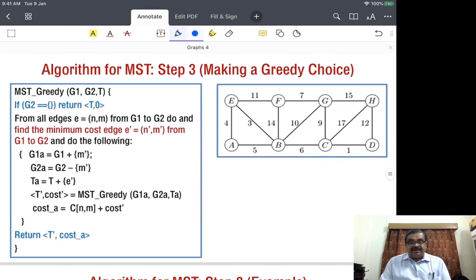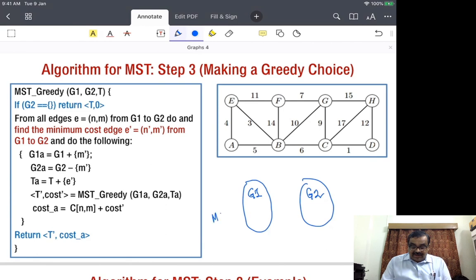So what are we saying? We are saying that if G1 and G2 are the two sets, for G1 we have proved that we have already got the minimum cost spanning tree till now. So whatever we have got in T till now is the minimum cost spanning tree.